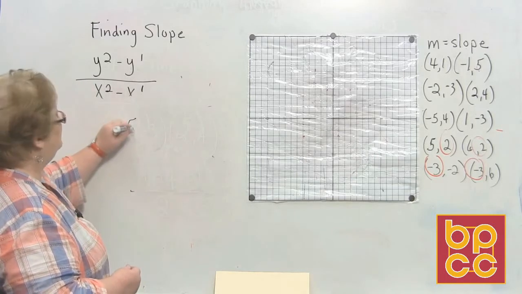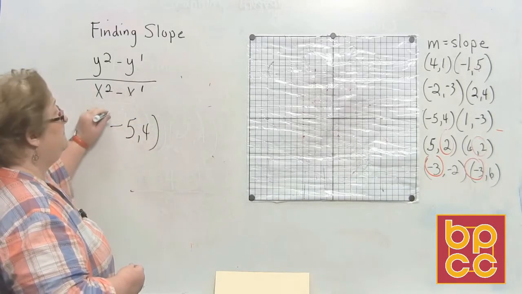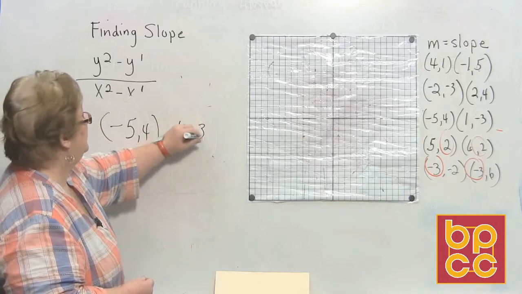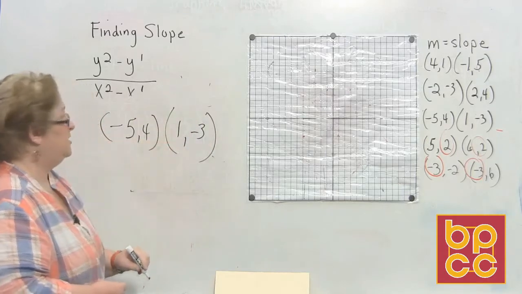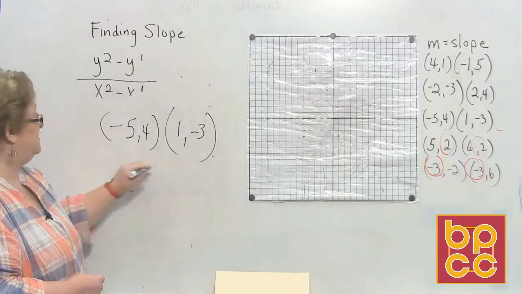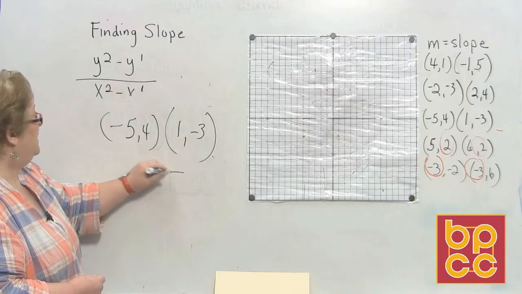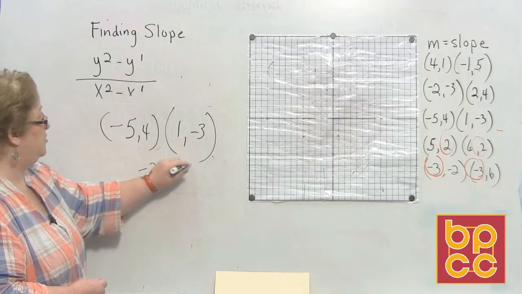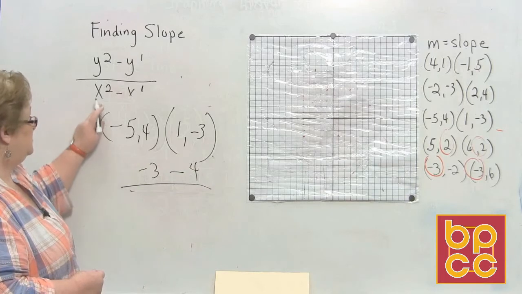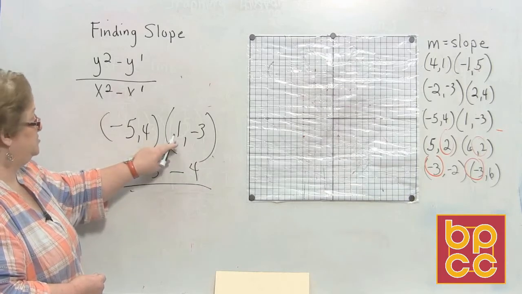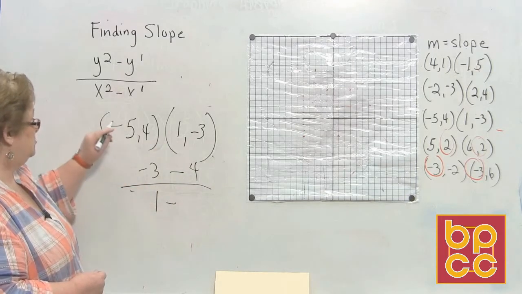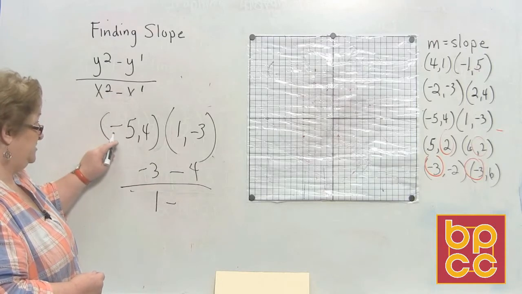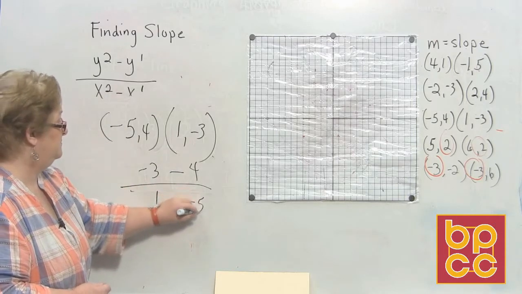A negative 5, 4, and a 1, negative 3. Okay, let's go to the second y, which is a negative 3, minus the first y, which is 4. Let's go to our second x, which is 1, and we'll subtract our first x, which is a negative 5.